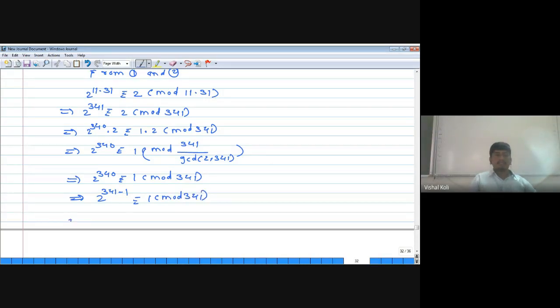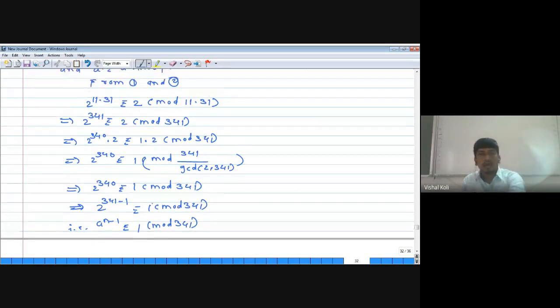That is, a to the power n minus 1 is congruent to 1 modulo n. So here we get a to the power n minus 1 is congruent to 1 modulo 341.